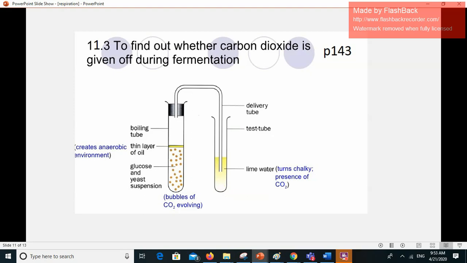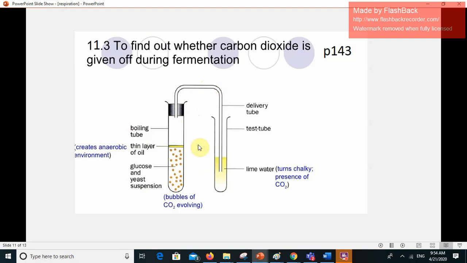Here it's very important to put the thin layer of oil in order to make the respiration of yeast anaerobic, to keep it anaerobic respiration, because they respire anaerobically. Also here we have a bung in order to trap the carbon dioxide that is going up.